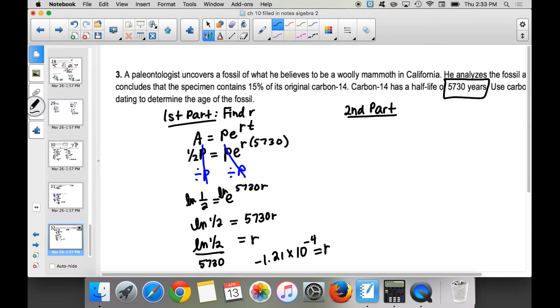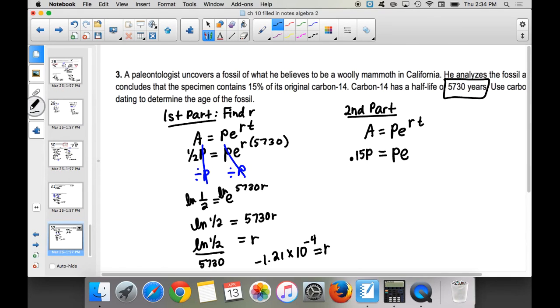So now our second part. The problem said that the specimen contains 15% of its original carbon-14. So if I start with my Pert equation, I have A equals P e to the rt. Under P, I'm putting P. For A, I put 15% of what I started with, 0.15P.